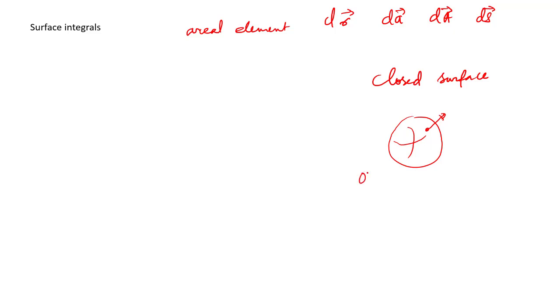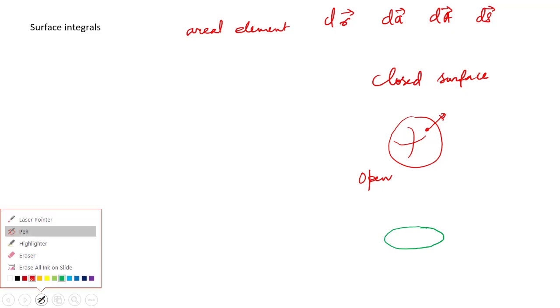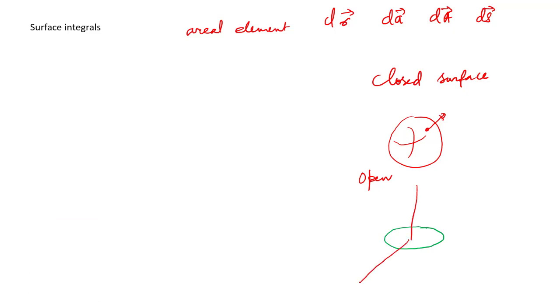But if you have an open surface, let's say we have a circle, let me change the colors here. So let's say we have a circle in XYZ. Let's put some coordinates here. So we have X, Y, and Z. So if we have that, then we are simply going to be using the right hand rule.